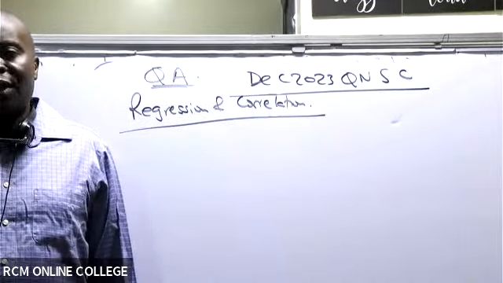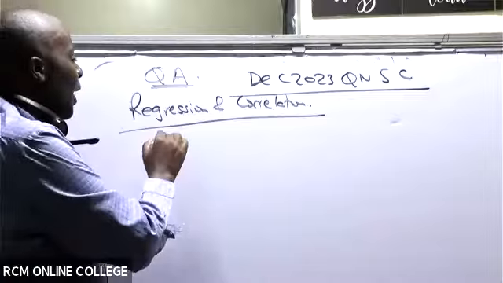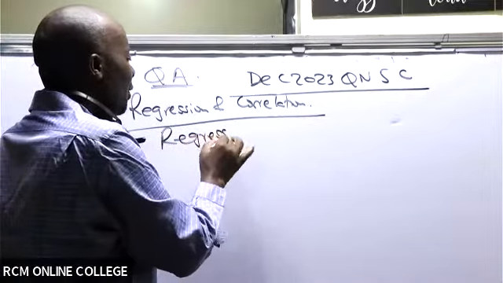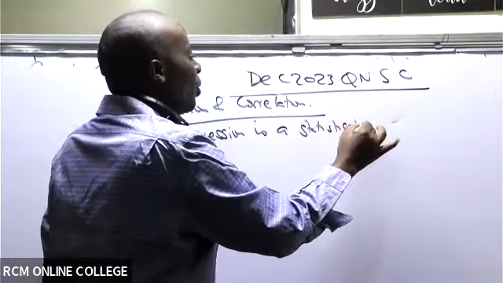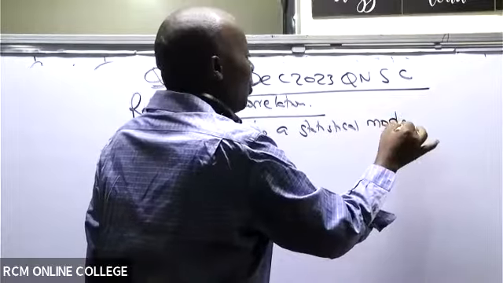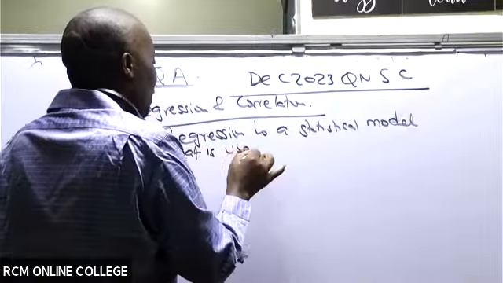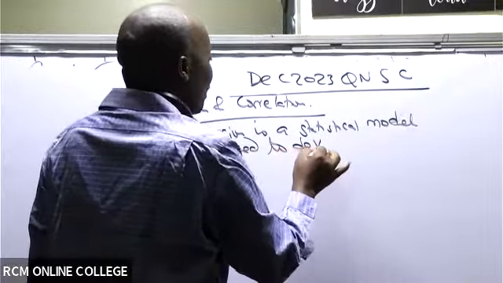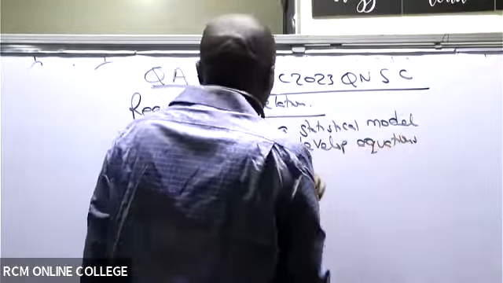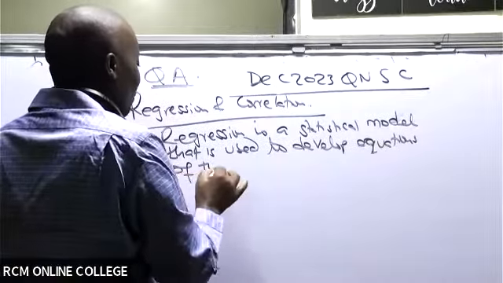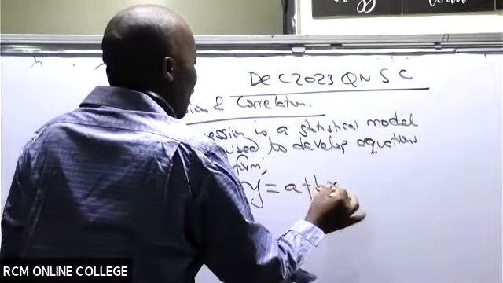All right. So if you allow me, I'll introduce regression first. Regression is a statistical model that is used to develop equations of the form y equals a plus bx.